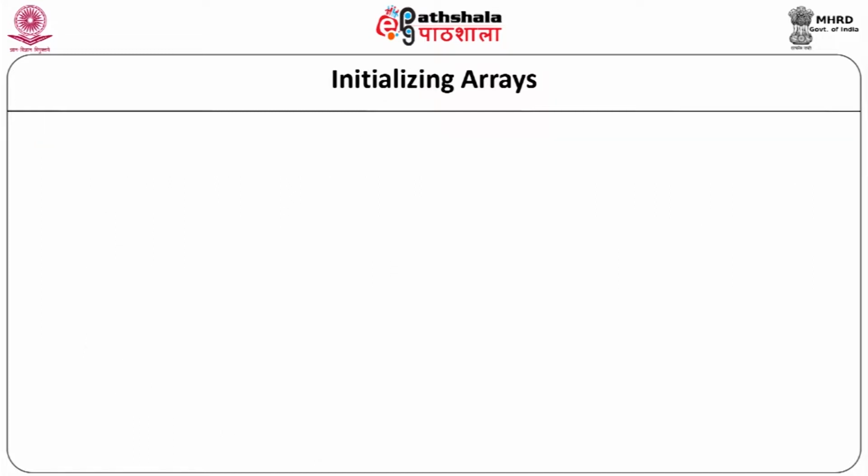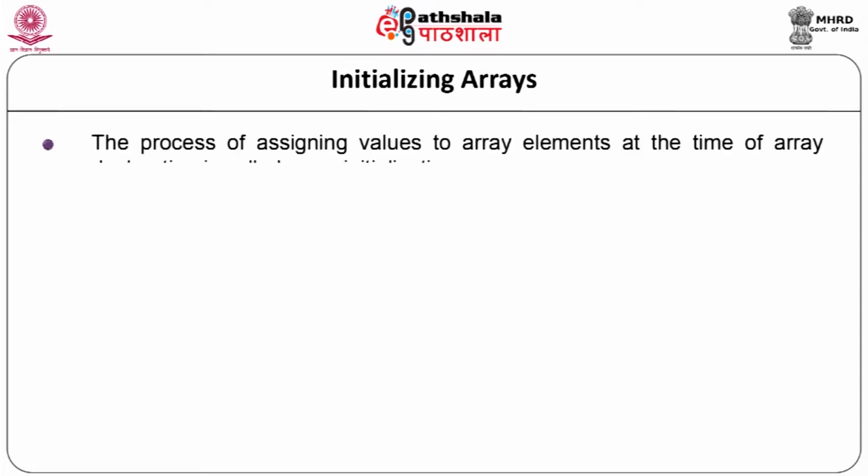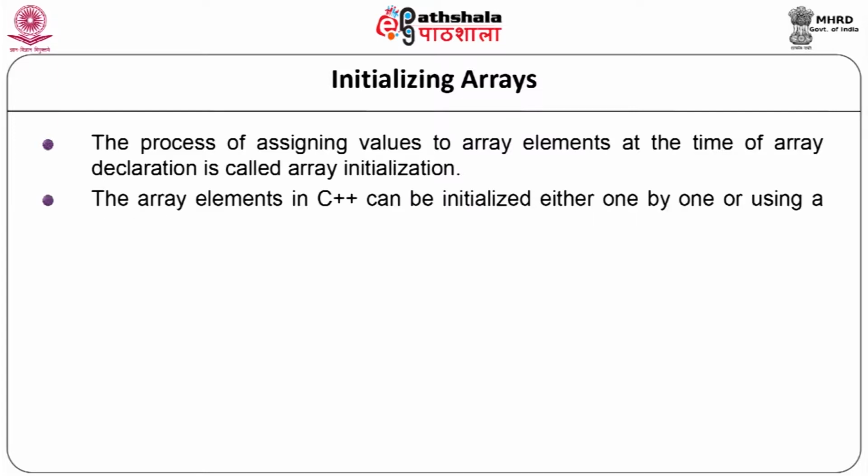Now, let us see how to initialize the array. The procedure of assigning values to array elements at the time of array declaration is called array initialization. The array elements in C++ can be initialized either one by one or using a single statement. Now, let us see the example.